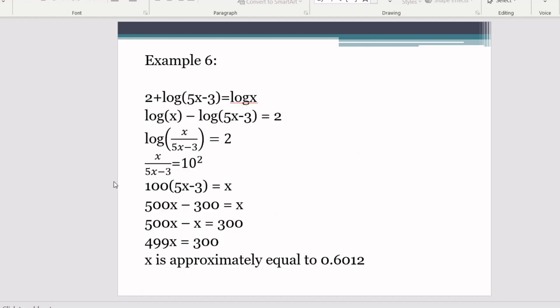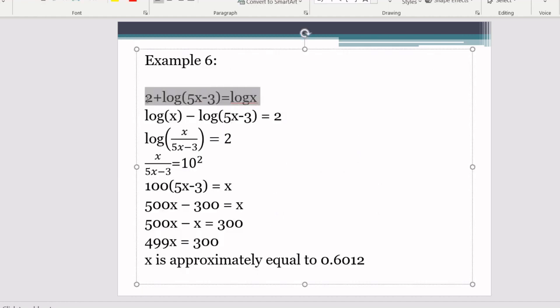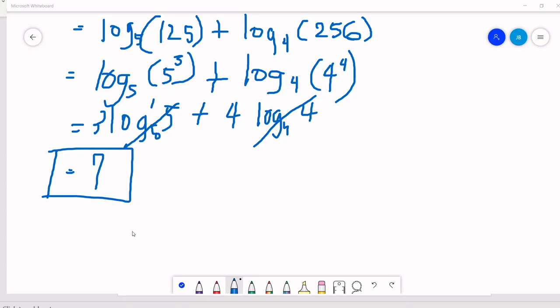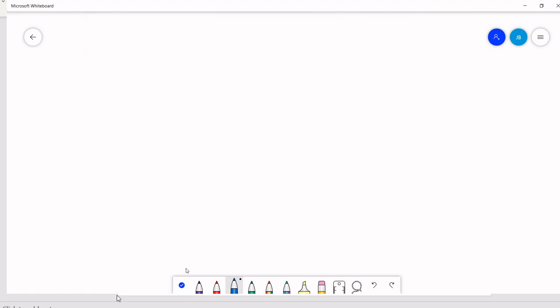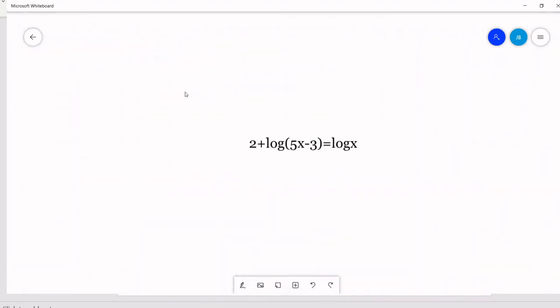Okay, let's try this example. Let's try to solve this one on the whiteboard. All right, so 2 plus log 5 of x minus 3.